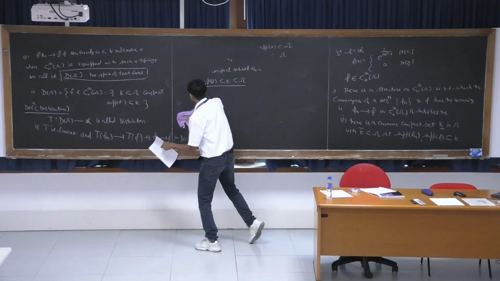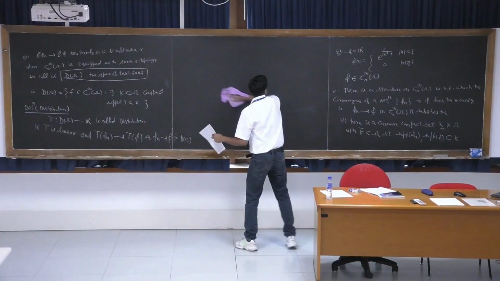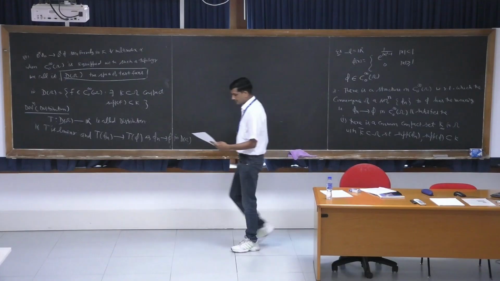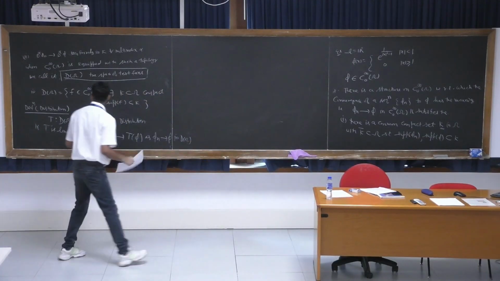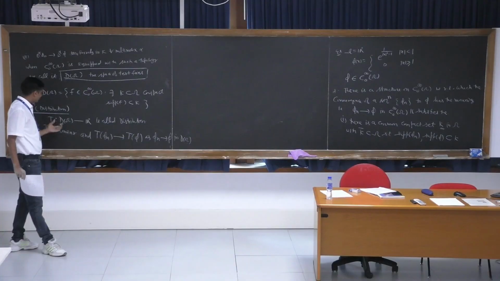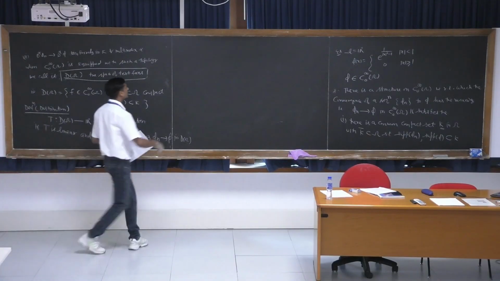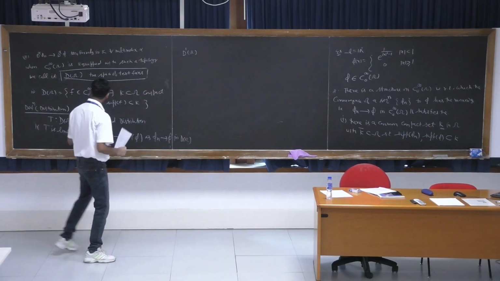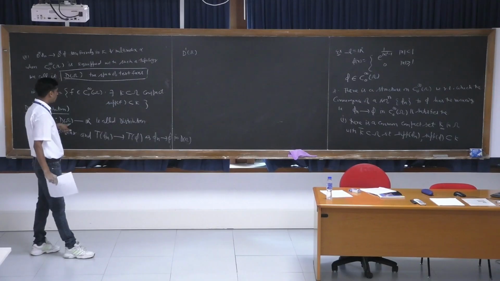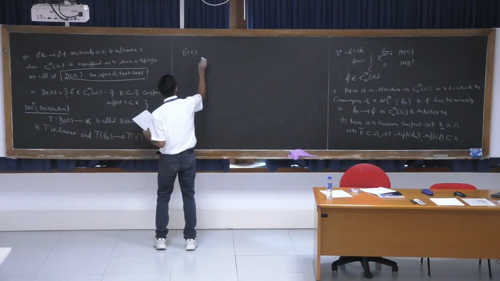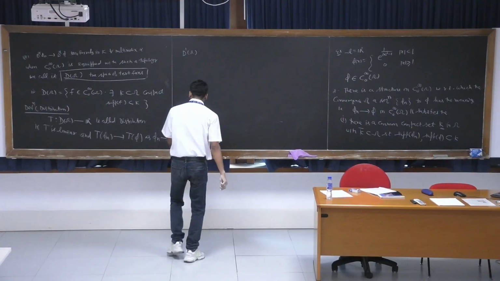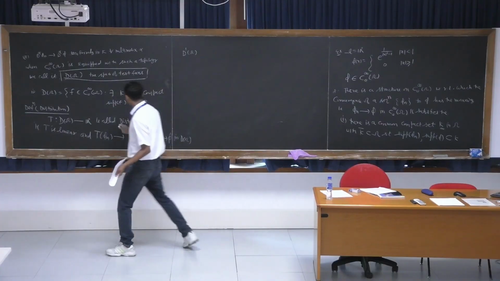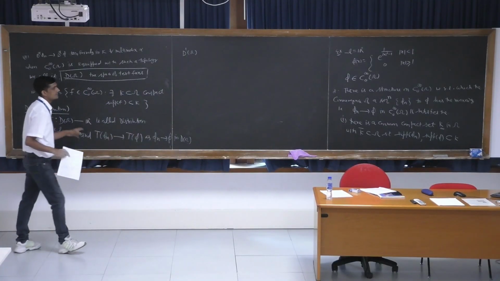So here, the space of all distributions. T is defined over this set, D of omega. This is D dash omega. What is this D dash omega? D dash omega is the space of all distributions defined over this.